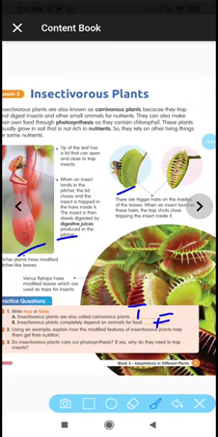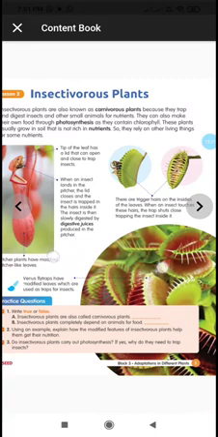And the third one, do insectivorous plants carry out photosynthesis? If yes, why do they need to trap insects? As I explained before, like all other plants, insectivorous plants are also able to make their own food.